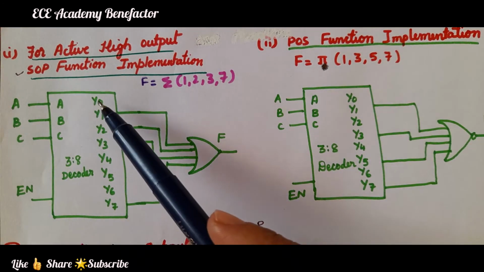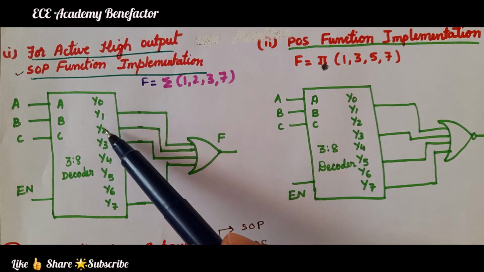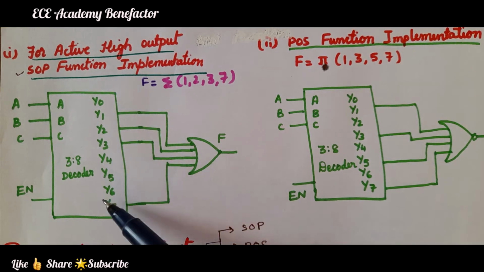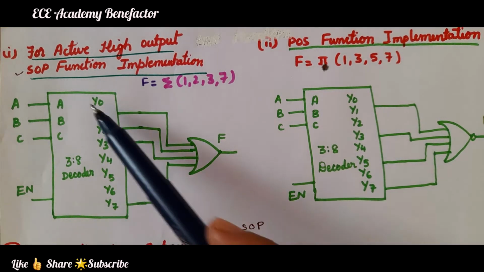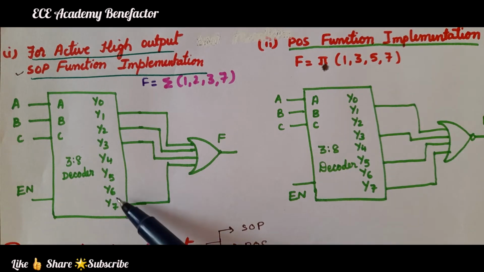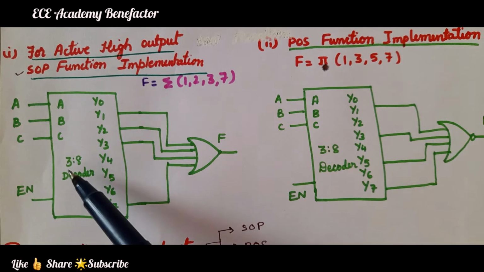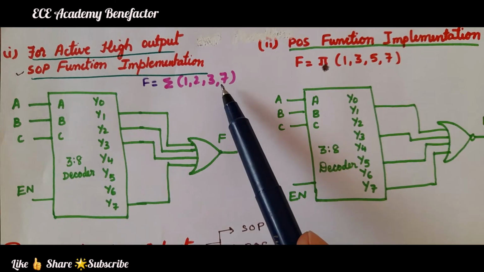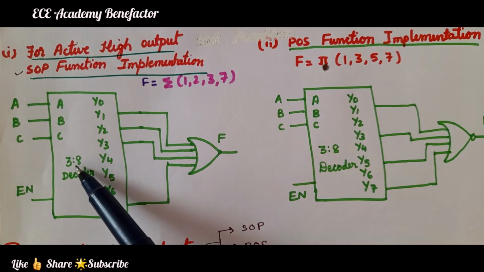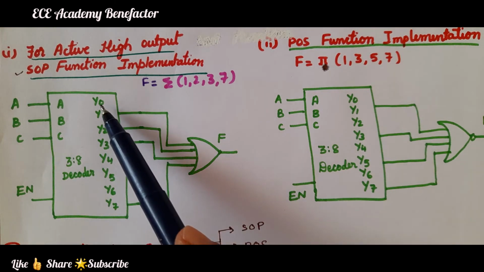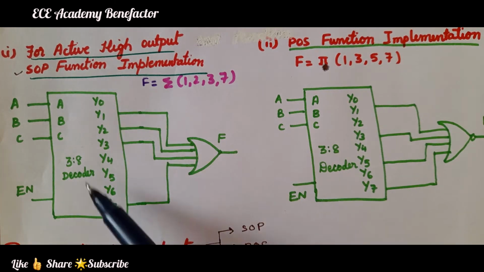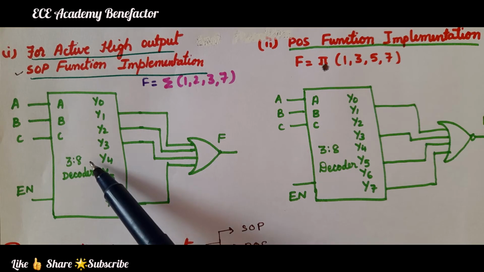You can have the outputs as y0, y1, y2, y3, y4, y5, y6, y7. The largest number is y7, so depending on the largest number used, you can decide the decoder. Here it is 7. In a 3:8 decoder, the outputs vary from y0 to y7, so a 3:8 decoder is enough.